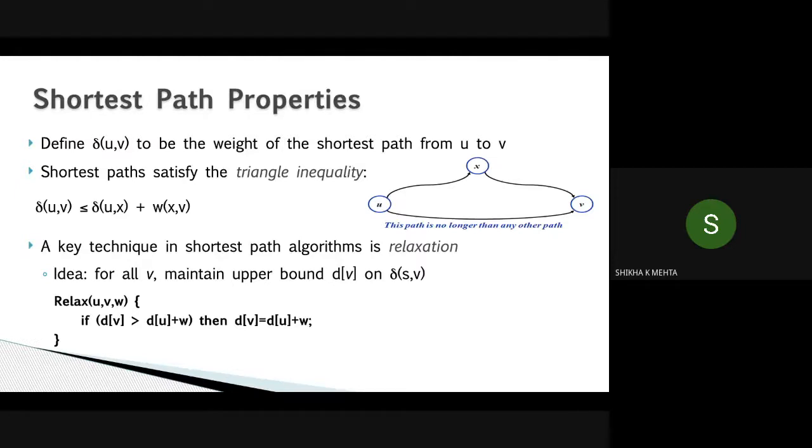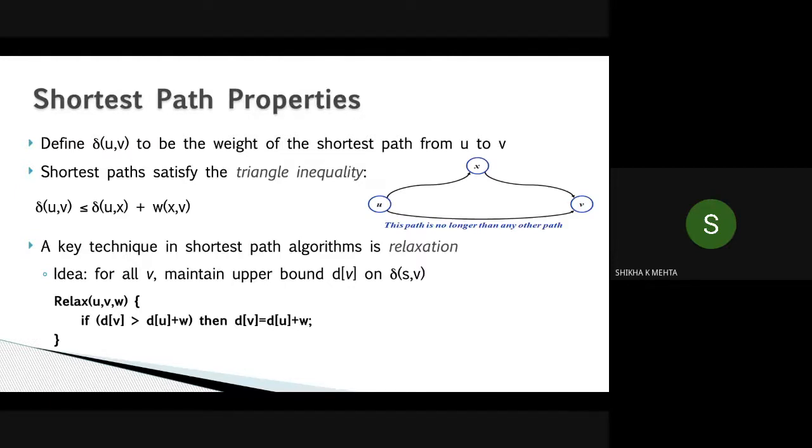That means this distance will always be less than this. This triangle inequality helps us in finding the updated weight for the next vertex. So this technique is used for updating the values of the distance.